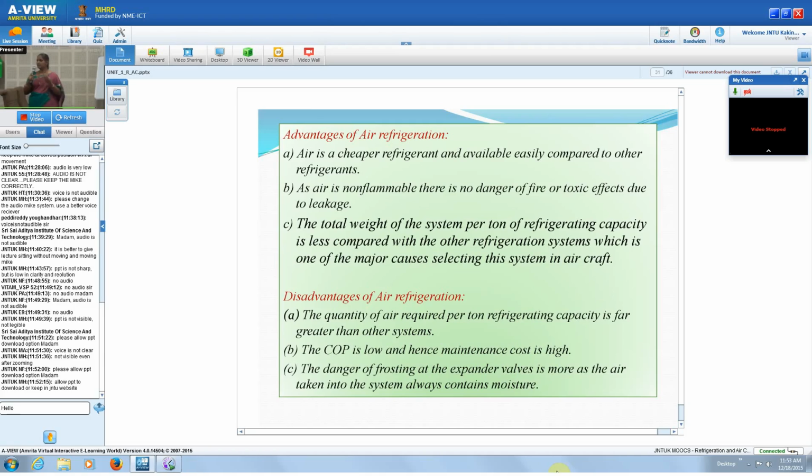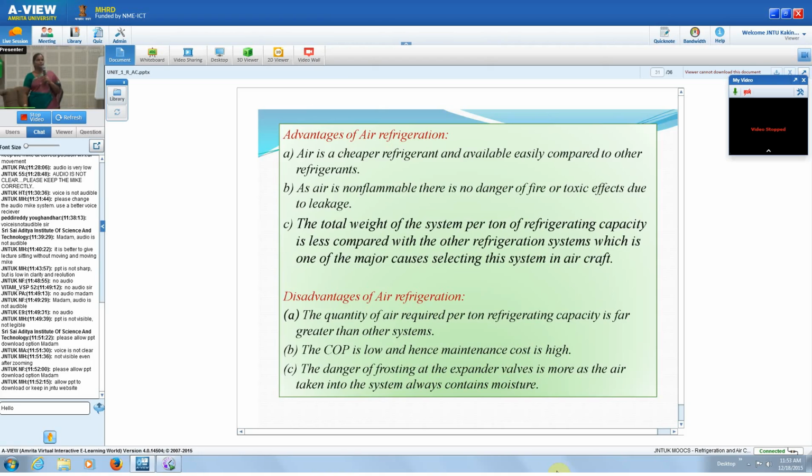Whereas with other refrigerants like freon or ammonia, while taking heat from the refrigerated space it will convert into vapor, and while condensing it will come into the liquid state. That is not possible with air.